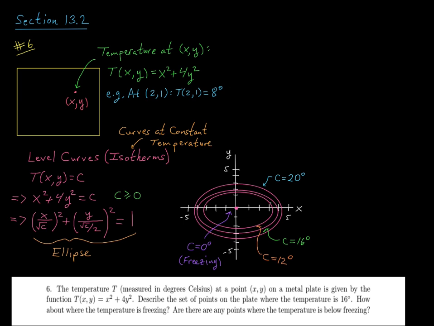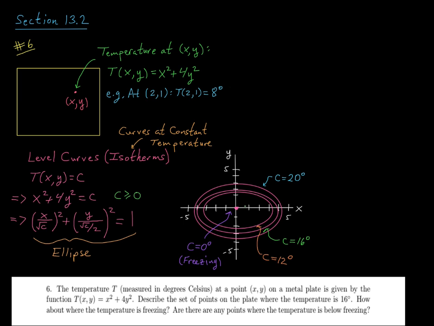So I get this family of concentric ellipses. And notice as I move in towards the origin, my temperature is going down. In fact, at the origin itself, if I set c equal to 0, the only solution would be if both x and y were 0. So I'm going to be freezing just at the single point at the origin.